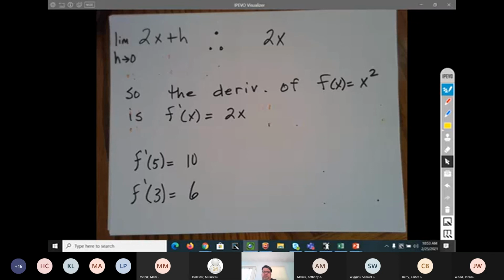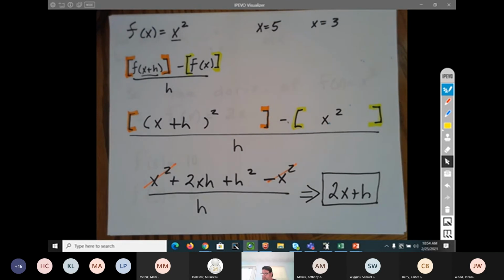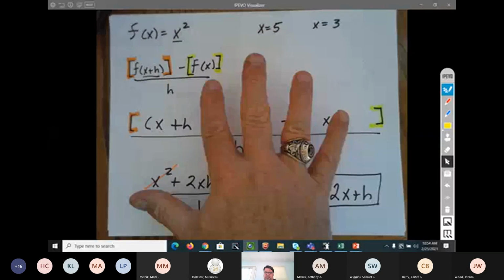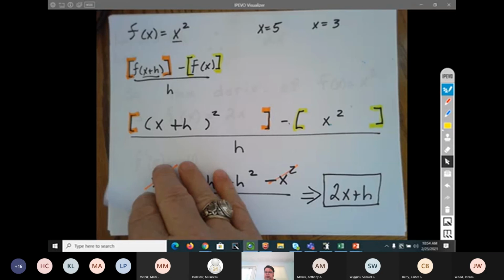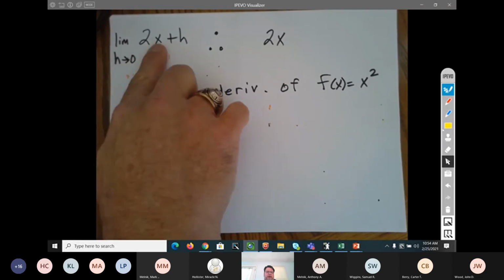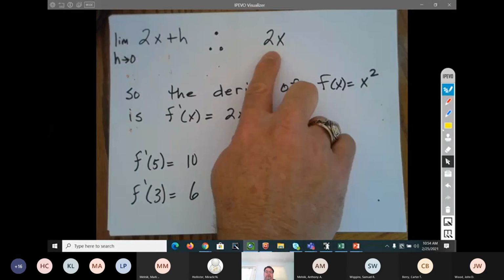So that is an example of where we're going with this. Put this on there for a couple more seconds. Okay, some of you might not have got everything written down there. You get an algebraic function of 2x plus h. This is all algebra. Then you take the limit theory, which you're learning now, and you apply that limit theory to the algebraic function, and voila, you get calculus, which is called the derivative.